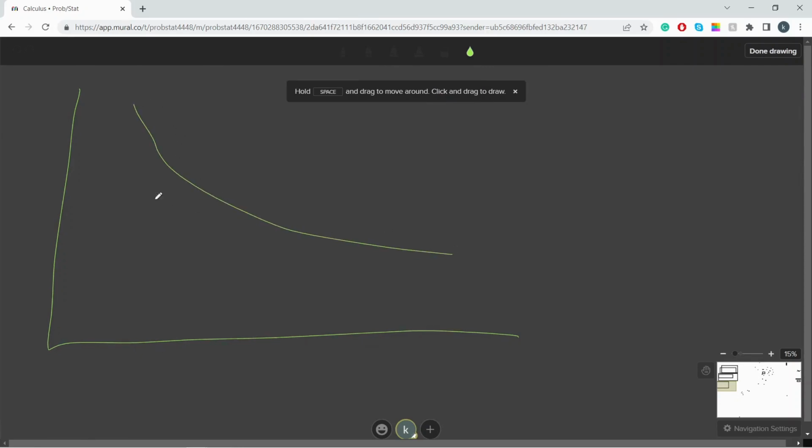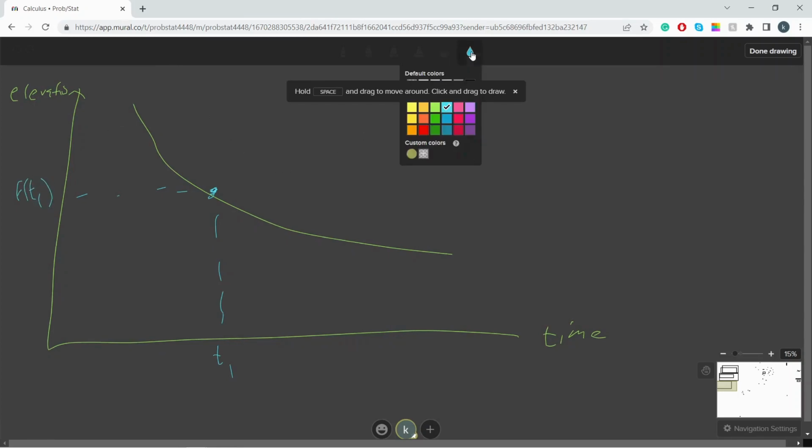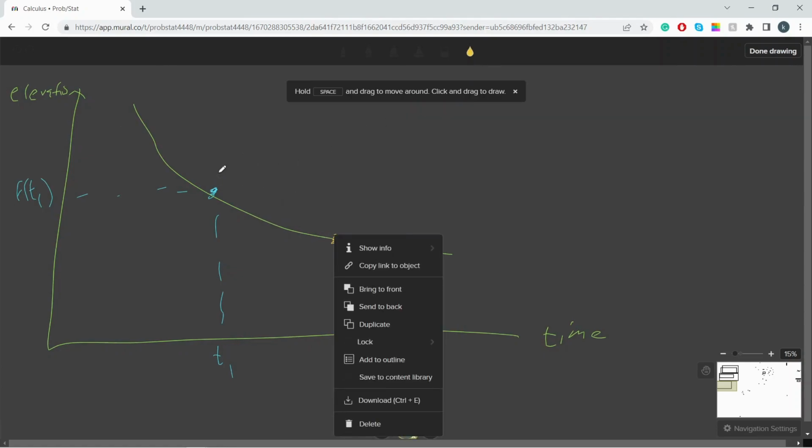Let's say this was our elevation versus time. And let's put the blue point right here. So this is going to be t1, and this is going to have a value f of t1. So this is like the v1 in the earlier picture. And we're going to have this second point. Let's say it was at first right here.